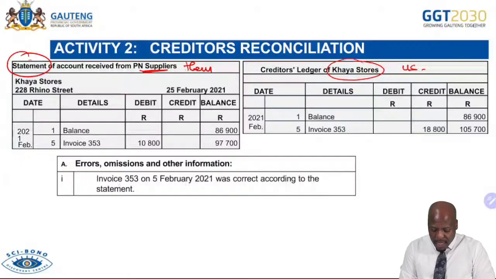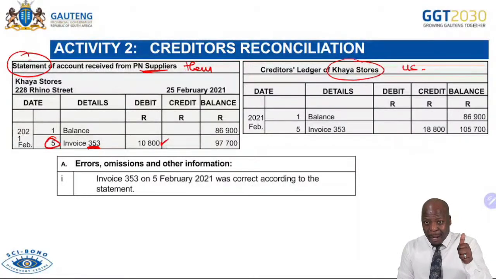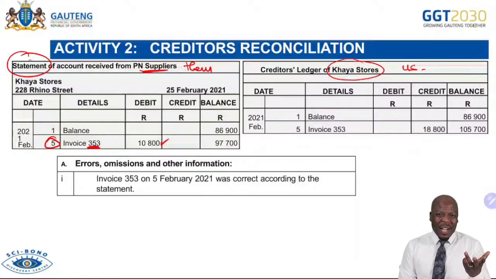So we are told that invoice 353, this is invoice 353. Can you see it? Okay, let's go. Invoice 353 on the 5th of February was correct according to the statement. So according to the statement is 10,800 and we're told that that is the right amount. So which one is the wrong amount then? Obviously, it is the one in the ledger.